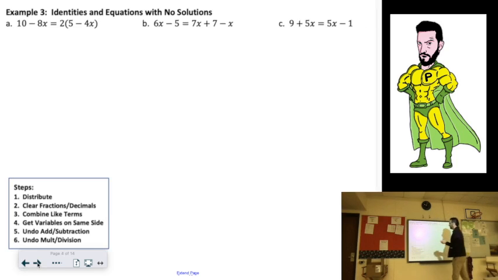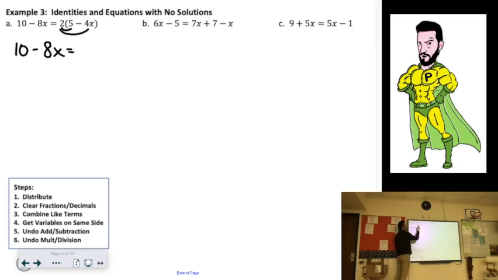All right, now we got to distribute on this. We've done it before, so we're going to have to distribute first. So on A, if we distribute, we'll have 10 minus 8x equals 10 minus 8x. Okay. All right. Weird. So we can get the 8x's together. We can add 8x.